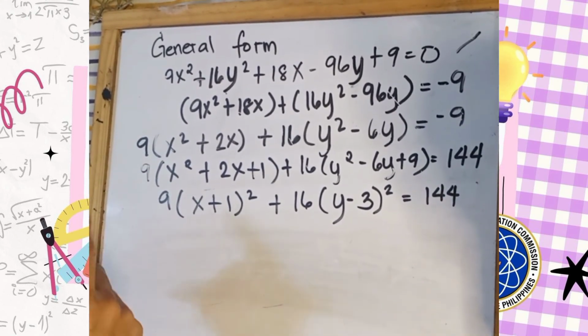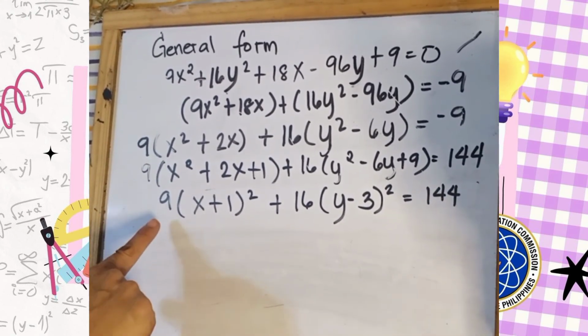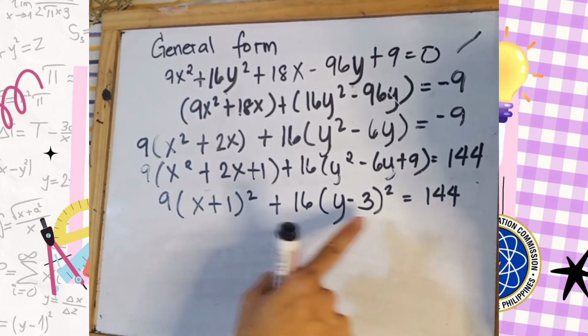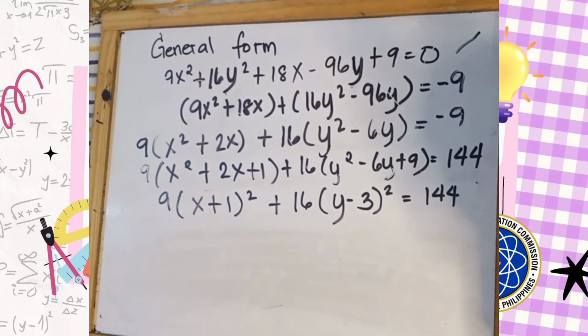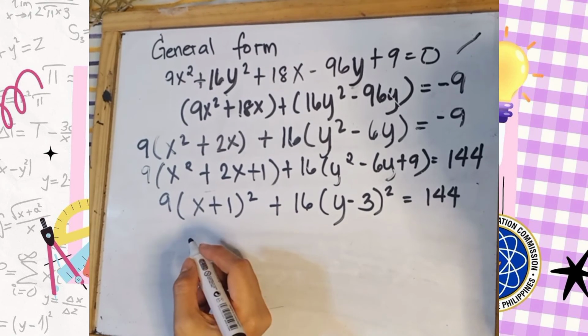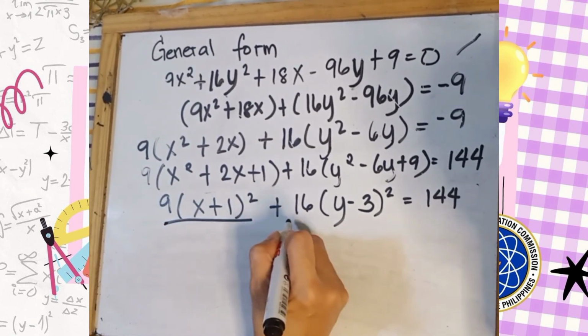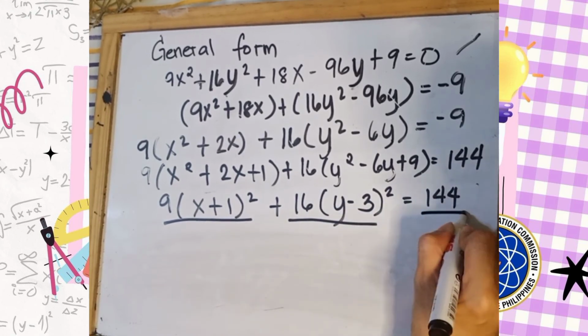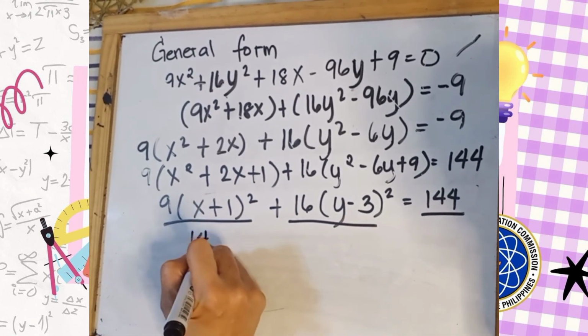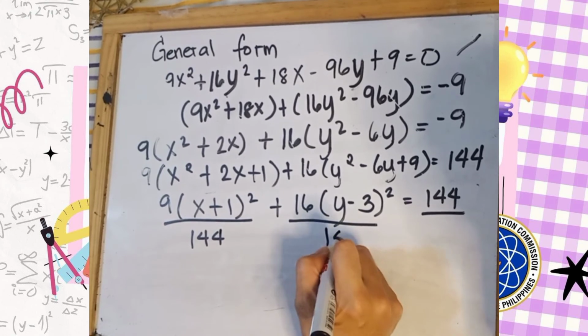Okay, so this time, kukunin naman natin yung factor ni 9, 16, at 144. So, ano yung common factor nila? Their common factor is 144. So, divide all terms by 144.